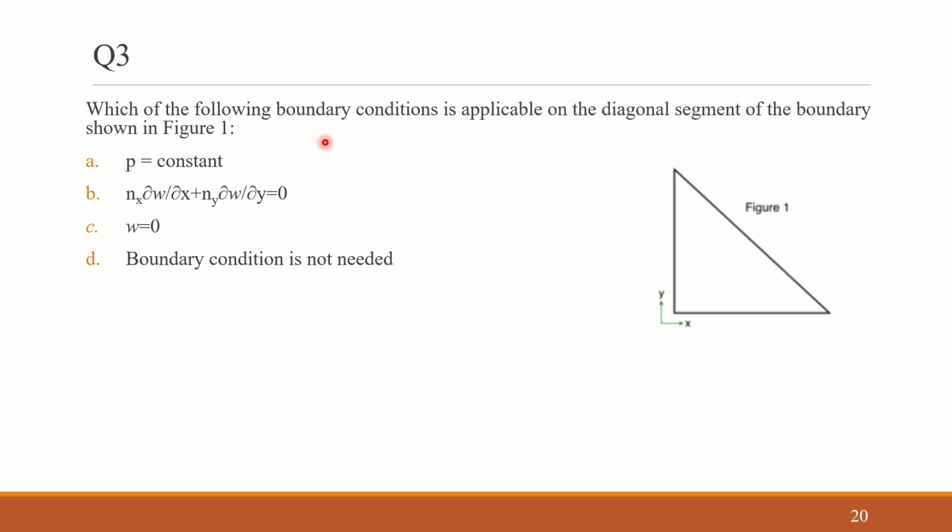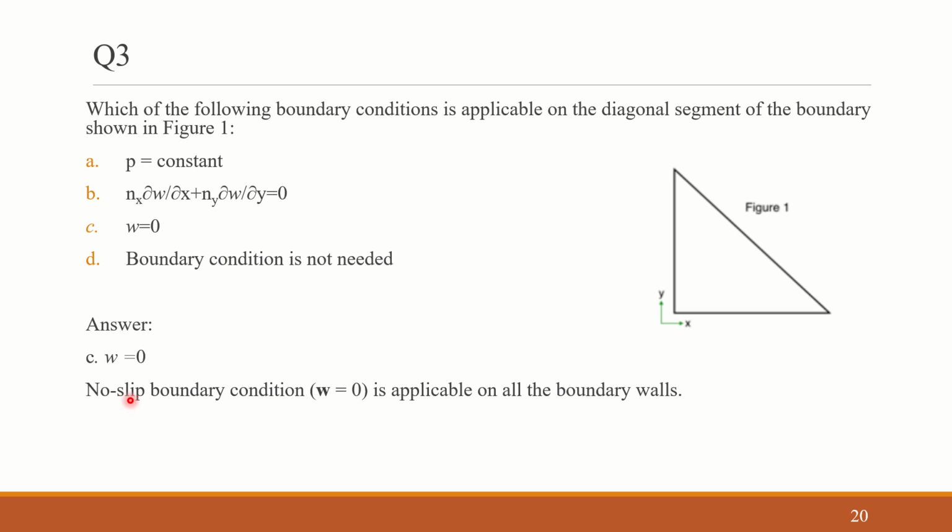What is related to this problem is the applicable boundary condition, and here the no slip boundary condition can be used, which is w equal to 0. So option C is the right answer. No slip w equal to 0 is applicable on all the boundary walls, not only on this wall.